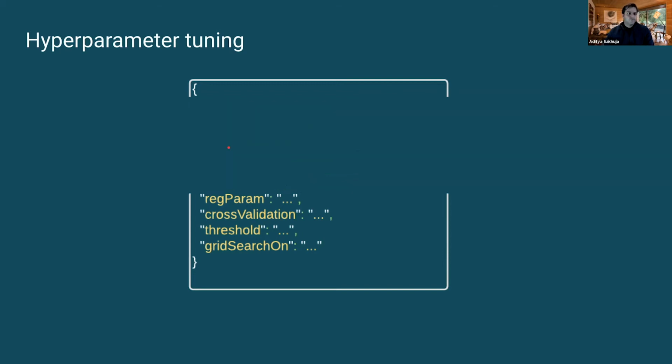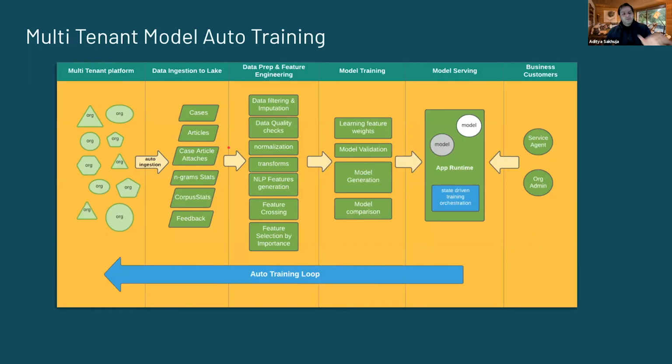Okay, so this diagram is giving you an overview of the whole flow and some of the things I just talked about. You can see, on the extreme left swim lane, we have the multi-tenant platform aspect, where the customer orgs are of all sizes and shapes, right?